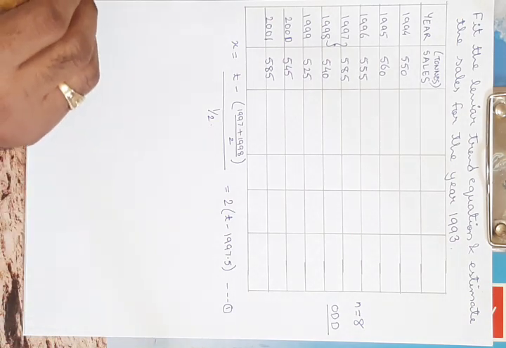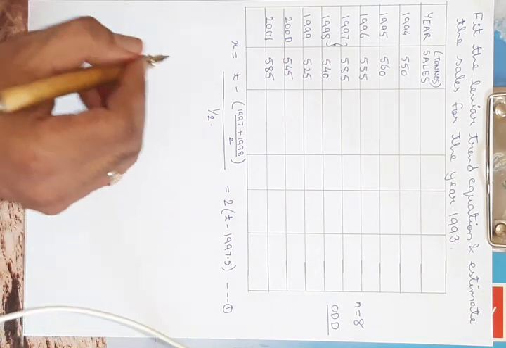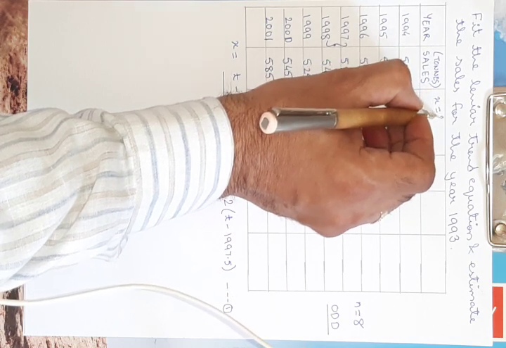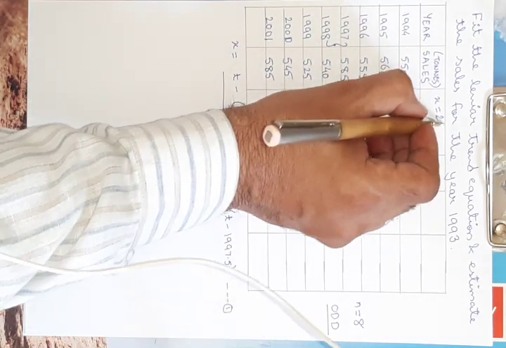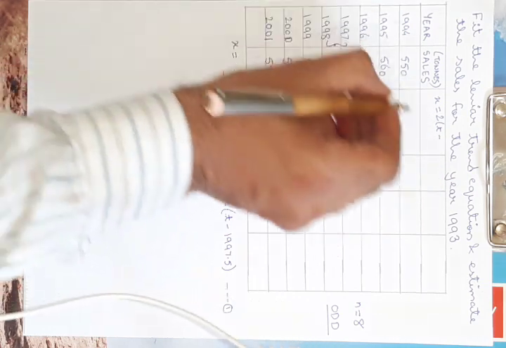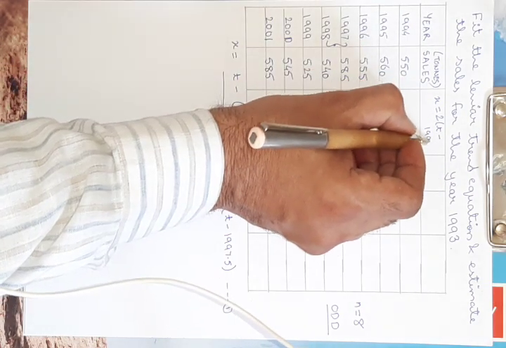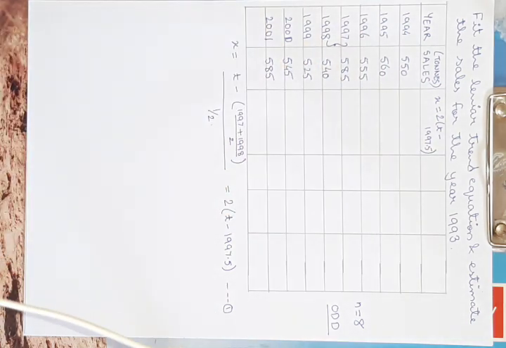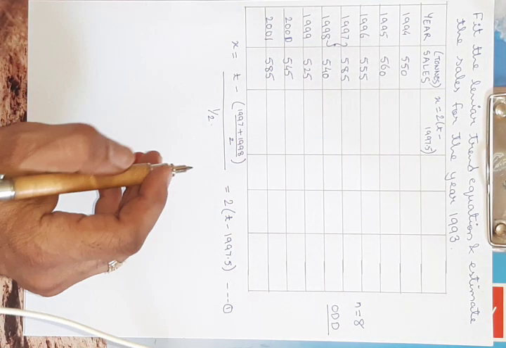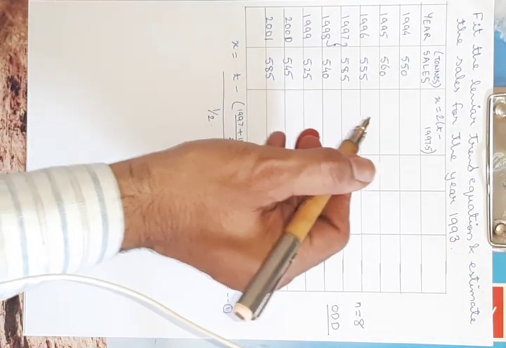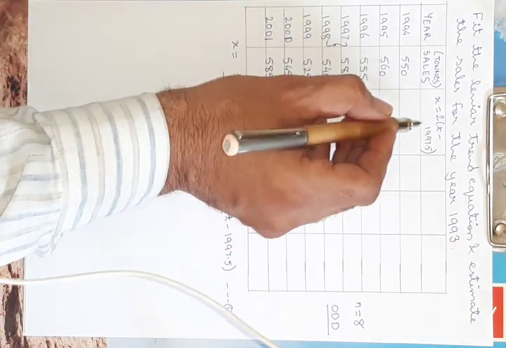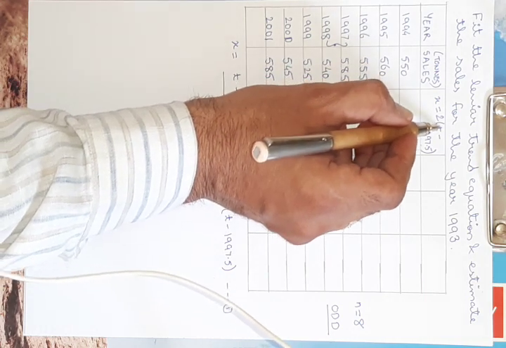Now we need to calculate the value of x. That means x is equal to 2 into bracket t minus 1997.5, bracket complete. Now we need to calculate each and every value of x. In the first case, x is equal to 2 into bracket t. What is t?